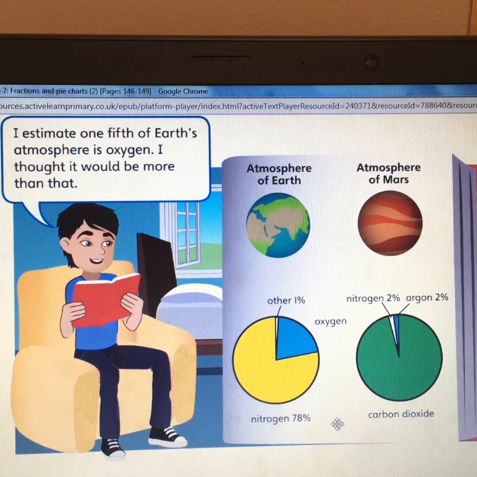Right, is he right or not by looking at the pie charts? First things first, same as always, gather your facts. What do you know first of all? What you do know is that the whole pie chart represents 100%. Pause the video, have a go.